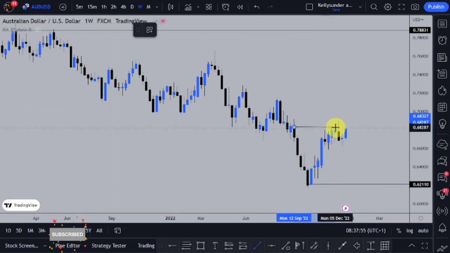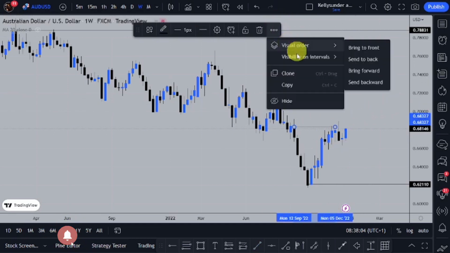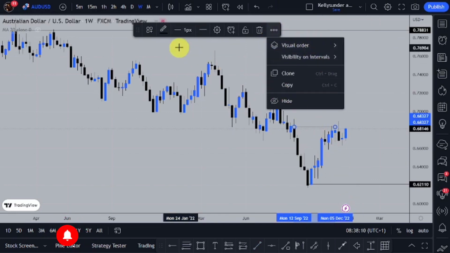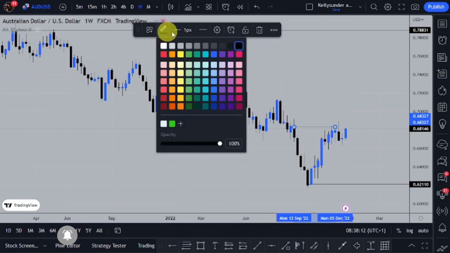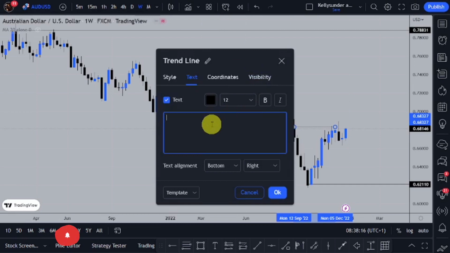What is going on? It doesn't want to go. Okay, so it broke higher. So you can actually annotate it. You can use your templates. Okay, since I'm not seeing templates, I'll be editing it. Let's go to settings. Let's put a text, break of structure.